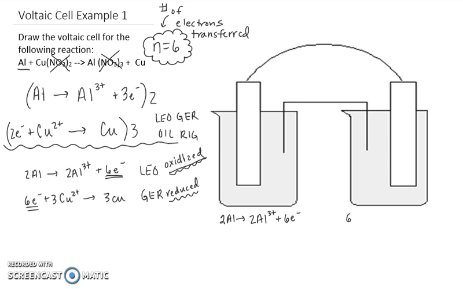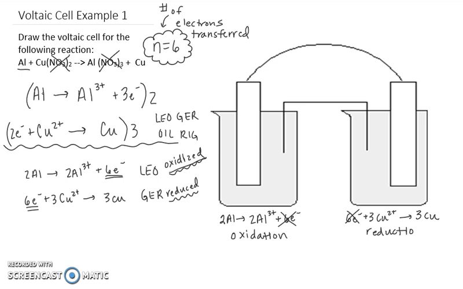And I have my 6 electrons plus my 3Cu2 plus goes to form 3Cu. Now, oftentimes we'll leave off the electrons at this point because they've canceled out, just so you're aware. Sometimes I like to put them there just to remind myself. And I'm going to go ahead and label them. This is the oxidation half cell, and this is the reduction half cell.